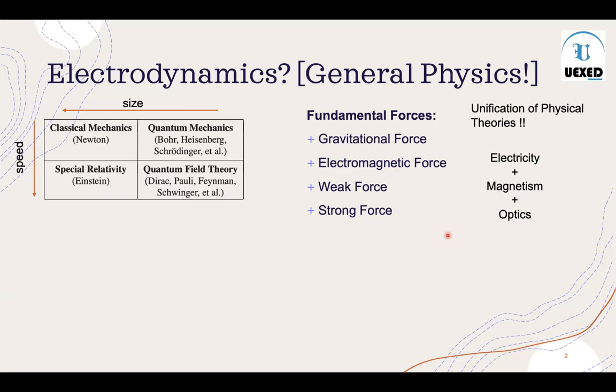Then, as a brief review of what we have so far: the electromagnetic force, weak force, and strong force are combined in what we call the standard model of particle physics, where you use QED, which is quantum electrodynamics, plus electroweak theory. They are unified together with a corresponding group.